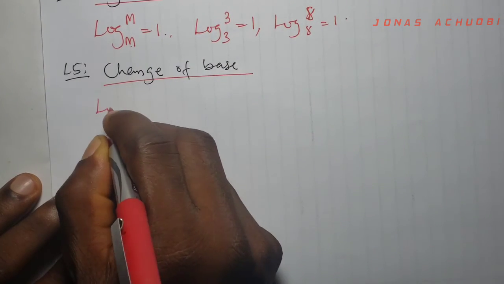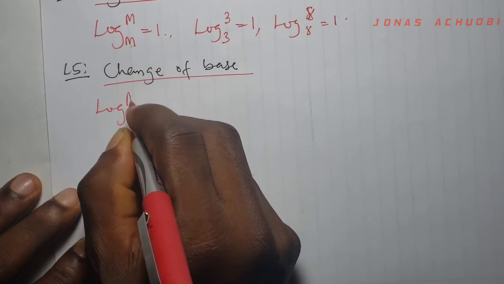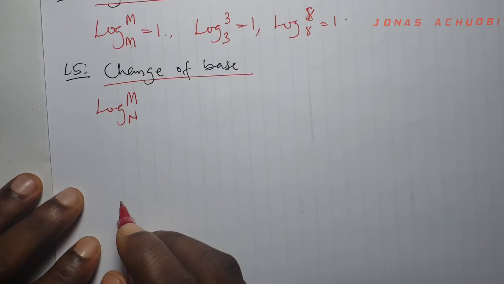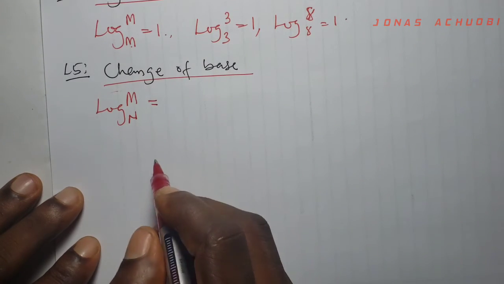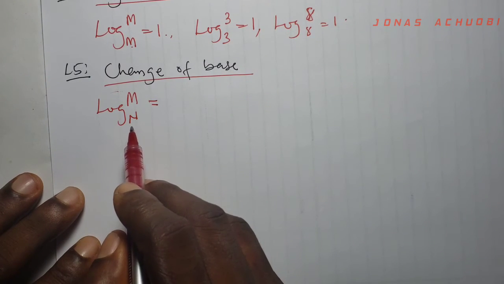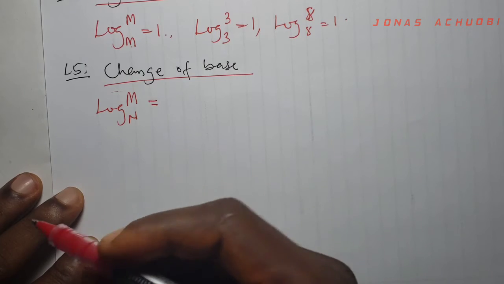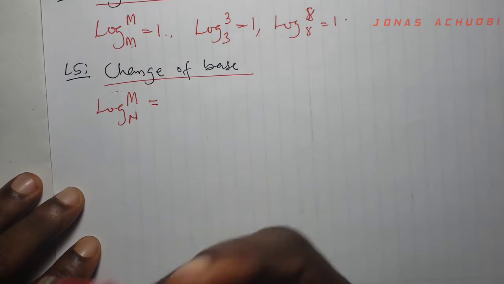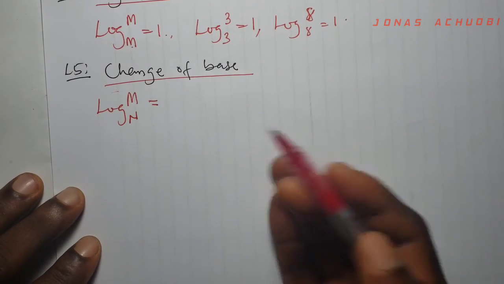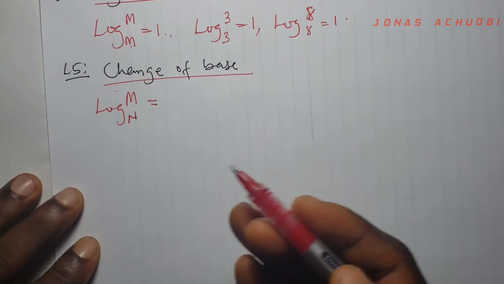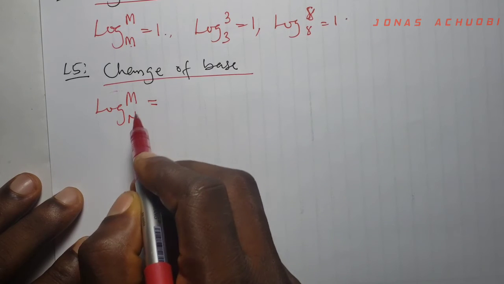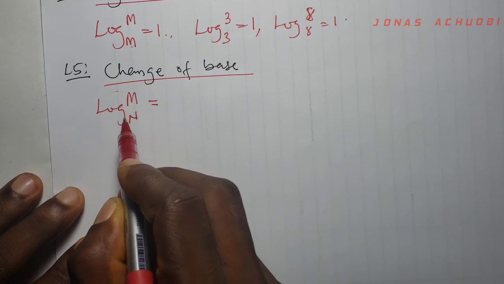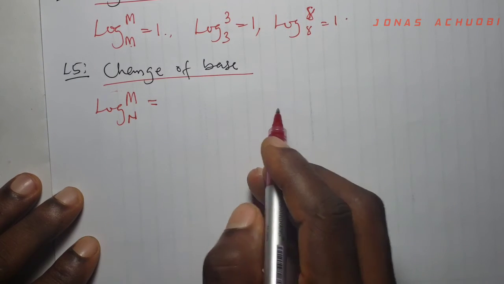If we have the log of, say, m in base n, and for some reason you are not comfortable with this base and you need to work in a particular base you are familiar with, for instance, a common logarithm, and what is that? That is log in base 10. So you can convert this logarithm that is formerly in base n to a logarithm in base 10, which is called a common logarithm.